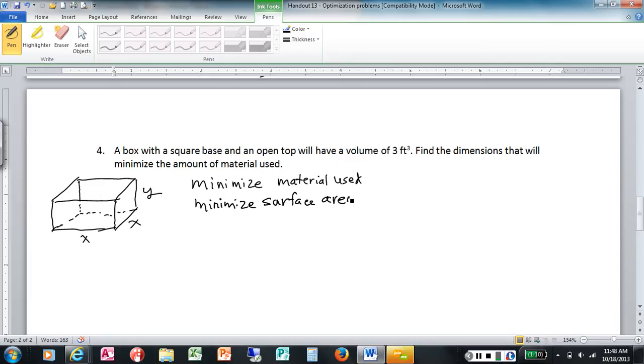So we'll minimize all the area of my surfaces. So let's just call that S. All right, what surface areas do I have?